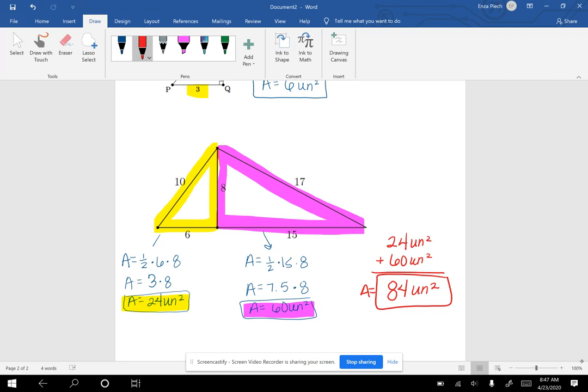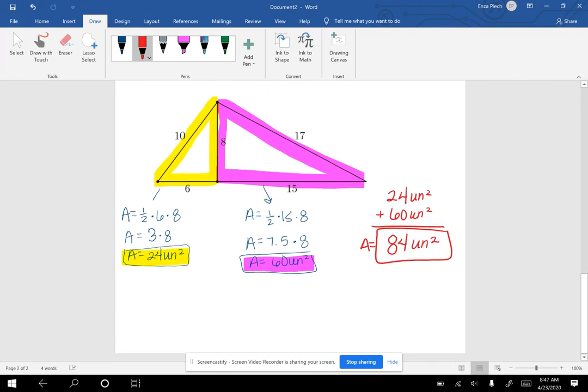I could have found that out if I added my 2 bases together too. So I could have had A equals 1/2 of my base, which is 6 plus 15, so 21, times 8.